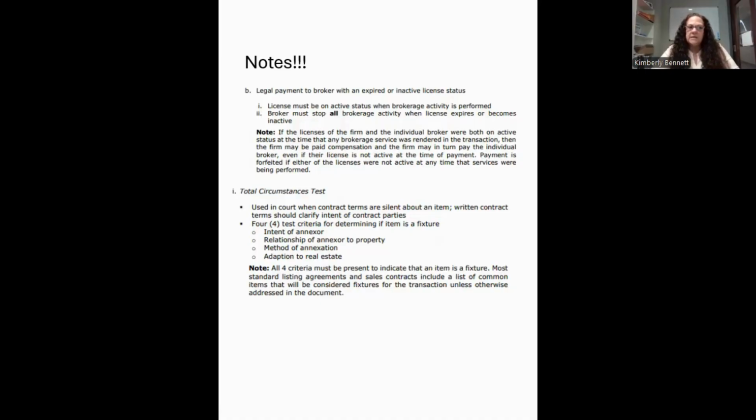And one of the concepts that you need to learn, again on level 2 for this particular thing, is that within the contract, if something is considered a fixture, it stays with the property. It goes with the property because it is a fixture. If the seller doesn't want to leave it, they need to put it on the contract that they want to take it with them. That is a concept that you will learn that you need to know, and they're pointing that out to you in these notes.